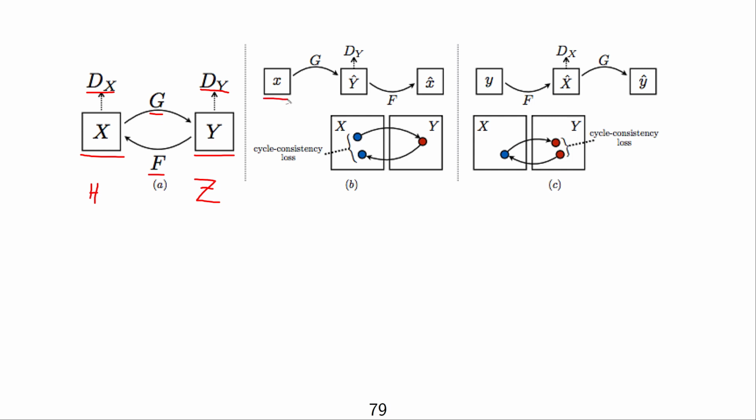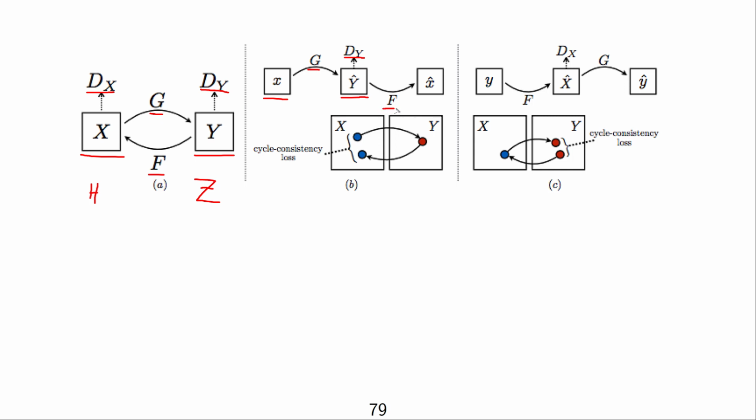So if we start with some image x, we can translate it with generator G into the zebra space, and then we can use the zebra discriminator to judge if this looks like a realistic zebra.